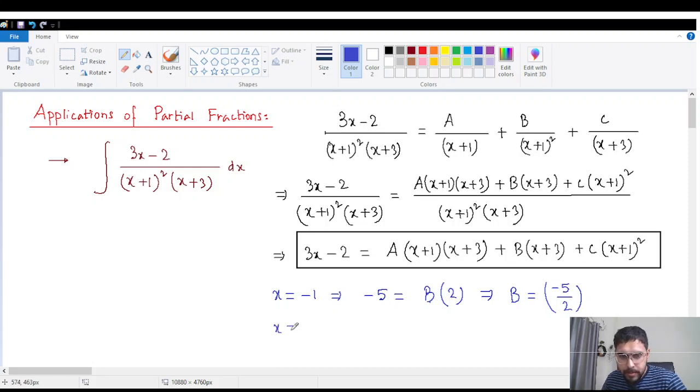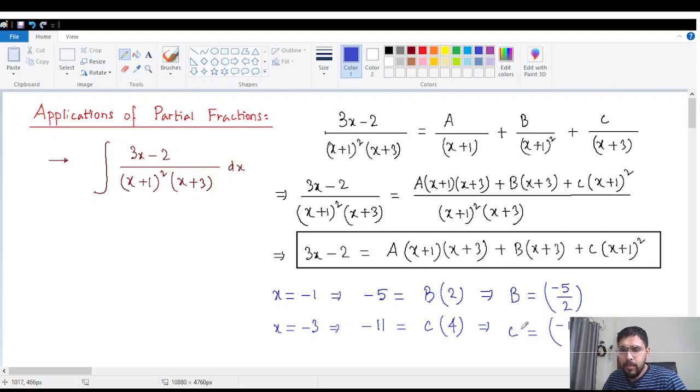If I put x equal to -3, this is -9 and -2, so this is -11, and here A and B will get eliminated, meaning C will stay, and this is -3 plus 1, which is -2, but it's a square, so it will become 4. So what is C? C will be equal to -11/4. That is the value of C.